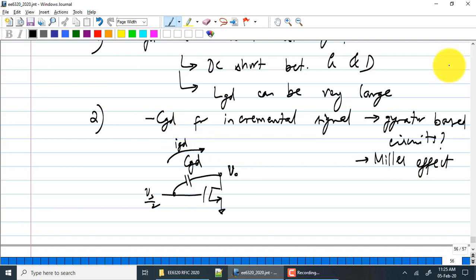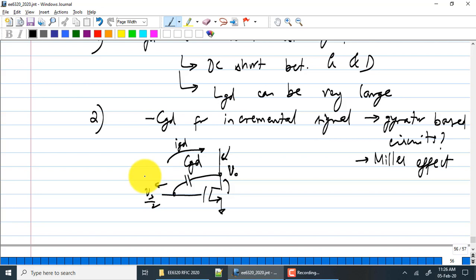Where is that current coming from? Of course, it is going to come from these two paths, correct? It is going to flow into this and into CGS. But imagine I found out a way to let this current circulate and not flow from Vs and not flow into the transistors. That is indeed possible.